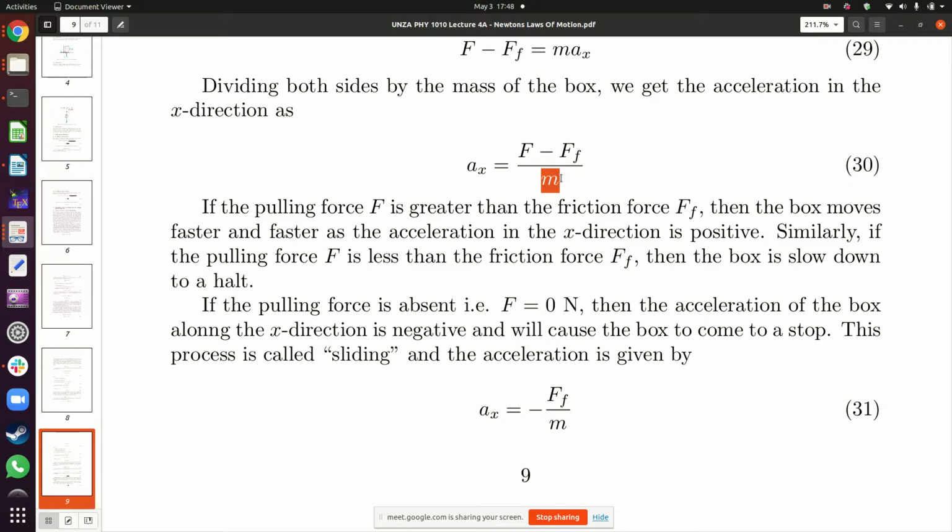Using that acceleration, we can predict, using the formulas we have before, v = u + at, s = ut + (1/2)at^2, and v^2 = u^2 + 2as, how your particular object is going to move. Are we clear?